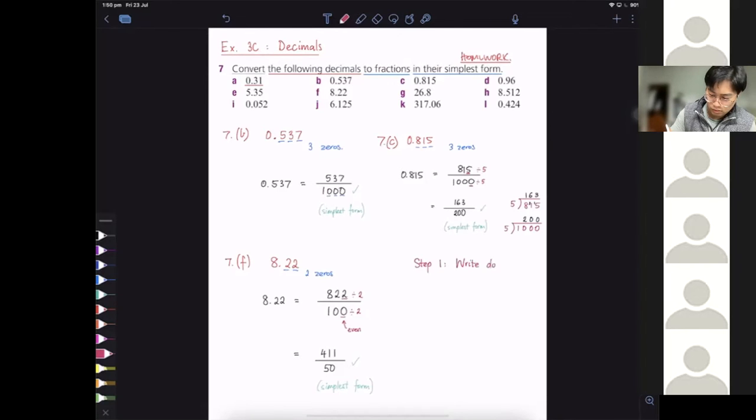Write down the number of place values after the decimal point. This tells you how many zeros you need.